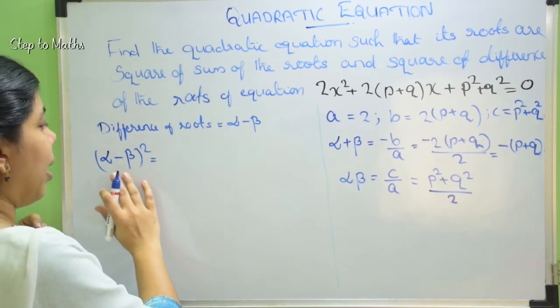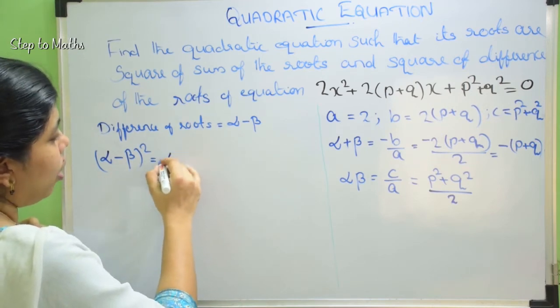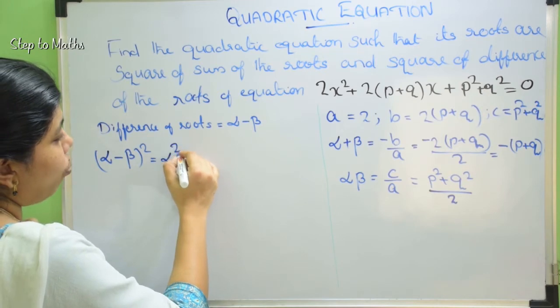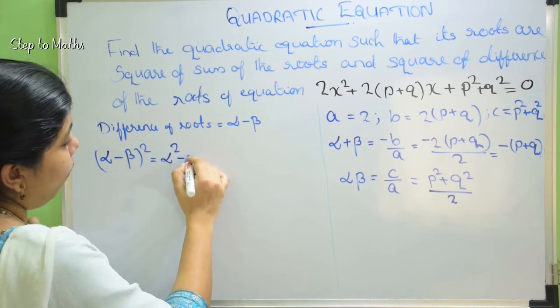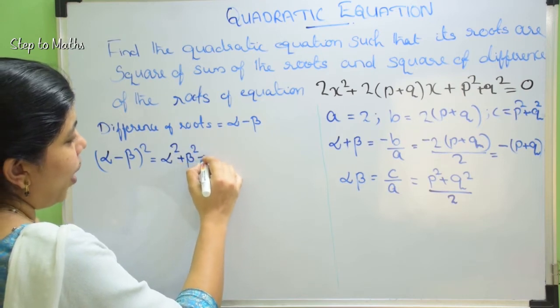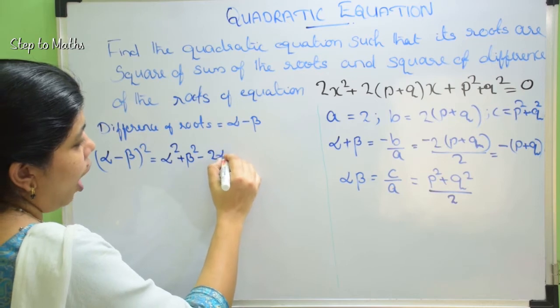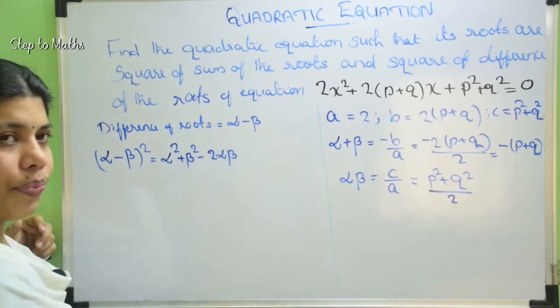How can we write alpha minus beta the whole square? If we use the expansion formula, it becomes alpha square plus beta square minus 2 alpha beta.